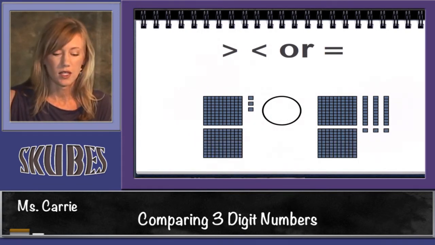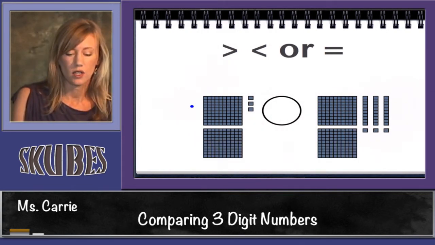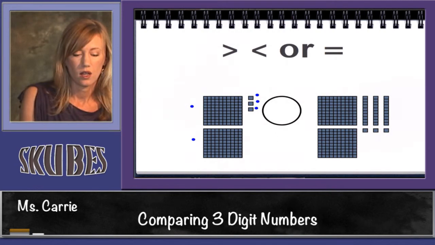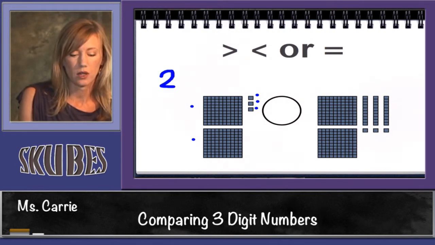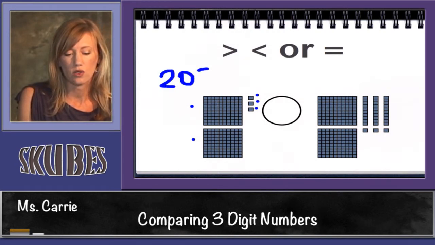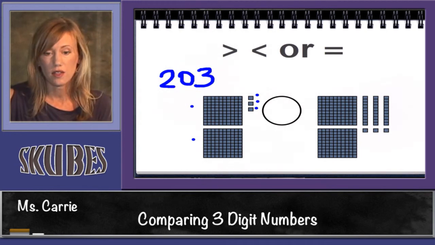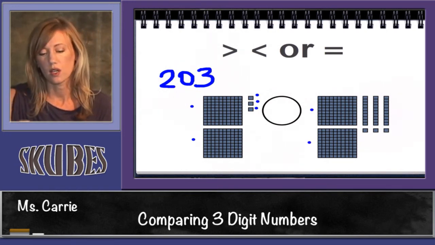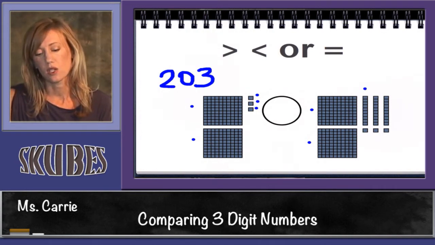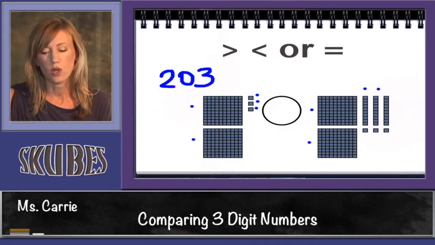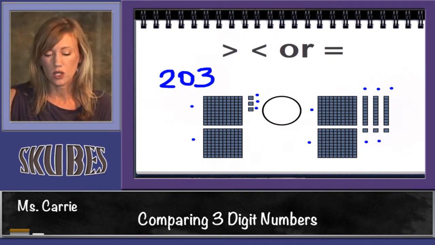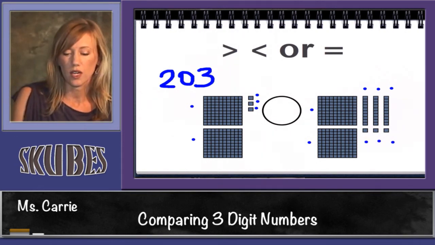Let's do one more like this. We have 100, 200, 201, 202, 203. I'm going to write this one on the top up here. This is 203. Let's count the other side. We have 100, 200, 210, 220, 230, 231, 232, 233.